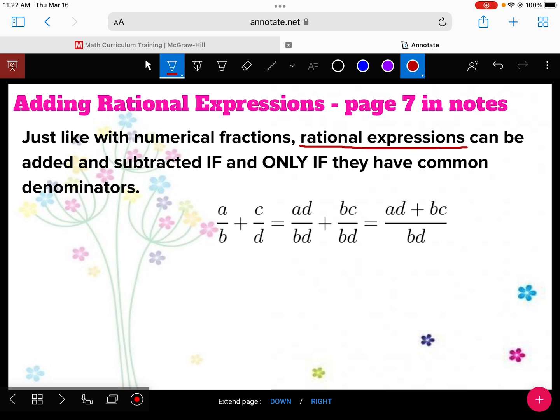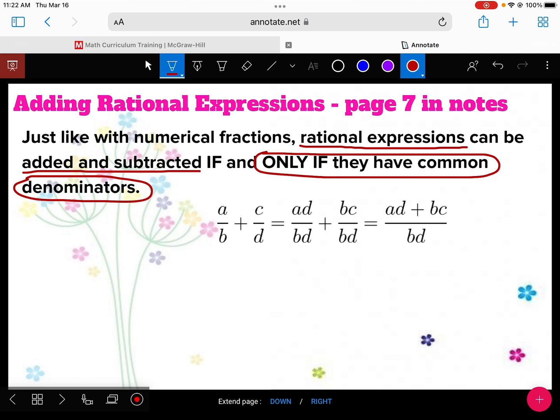Rational expressions can be added and subtracted only if they have common denominators.